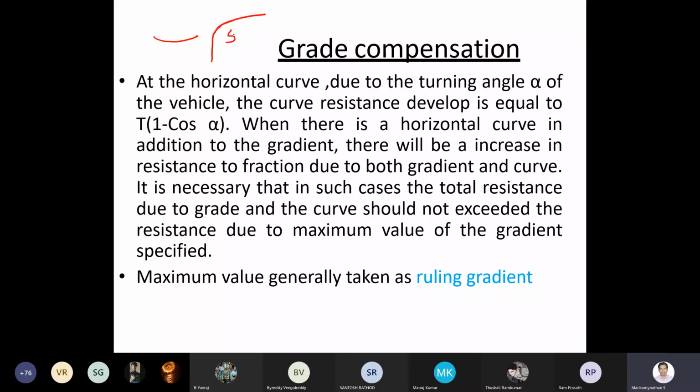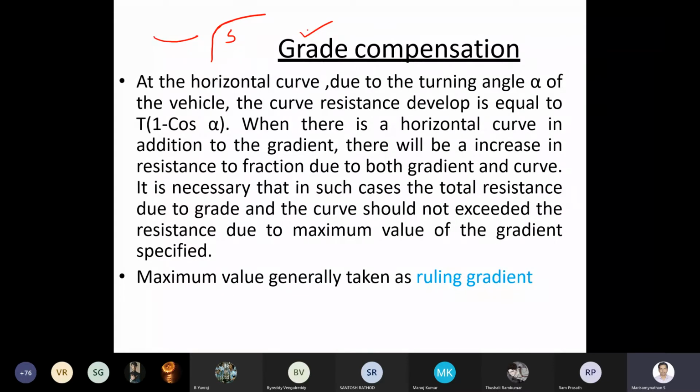When two gradations are there, we cannot provide both, right? Issues will be there, overturning or other issues might happen with respect to friction or resistance. At that time, we have to do the grade compensation, which allows the maximum value of the gradient at that particular location.